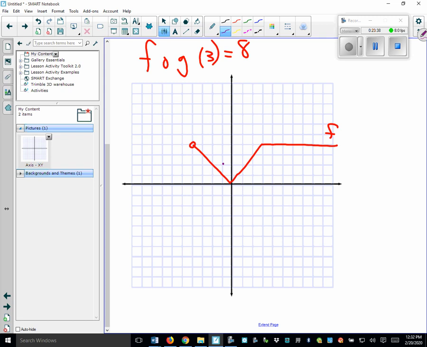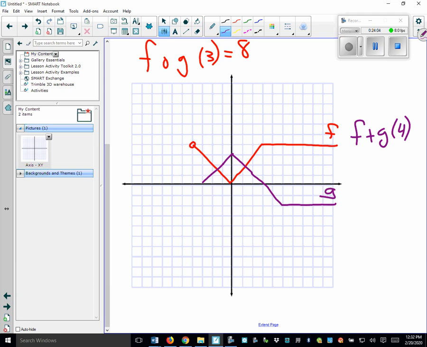Oh, is this the graph thing? This is the graph thing. This is g. What is f plus g of 4?